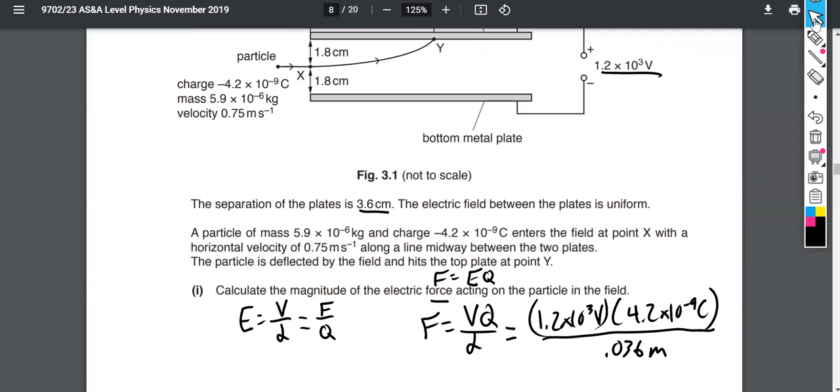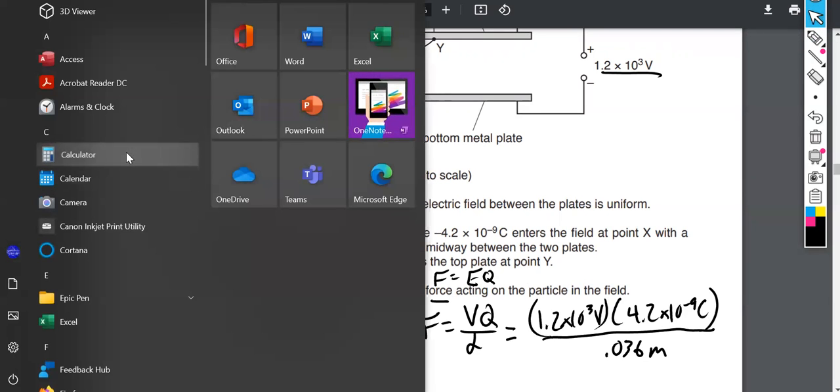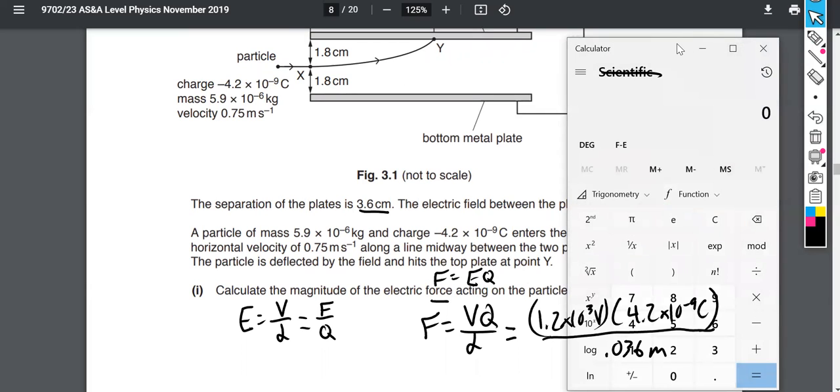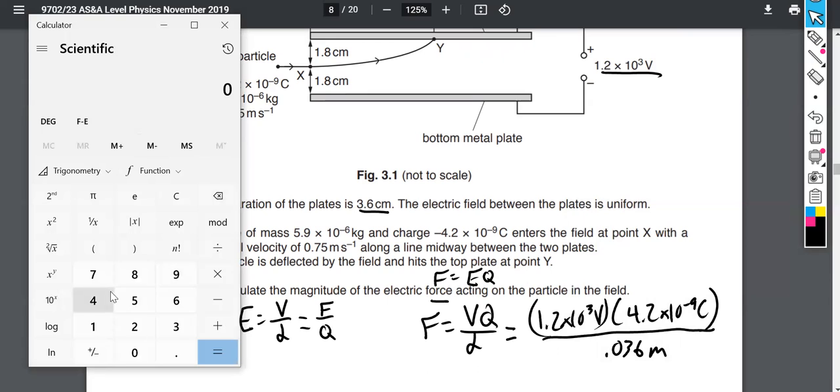All right, everybody that's following along at home has their calculator handy. I'm going to show this on the screen here for the benefit of everybody. Let's just see it. So we got 1,200 volts times, I like to use parentheses even when I don't need to, 4.2 by 10 raised to the negative 9.